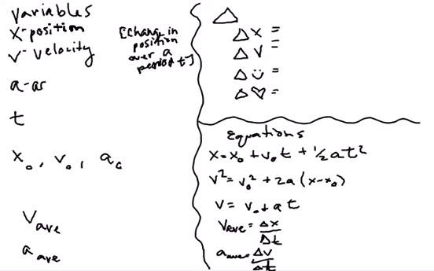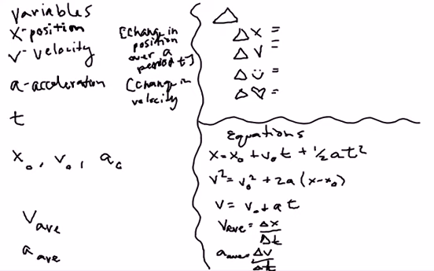A is acceleration. So acceleration is like velocity in that it's another derivative. Acceleration is the change in velocity over time. So let's say you're speeding up or slowing down, whether it's acceleration or deceleration.